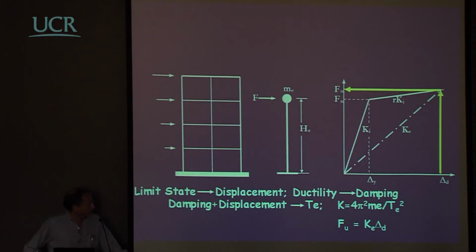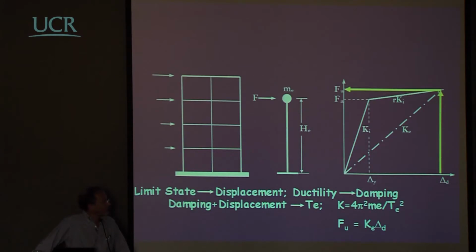Now, if you go to your structure, you enter with your design displacement, and now you know the strength of the structure because you know what is indicated with KE, which is the stiffness that was coming out from the previous step.